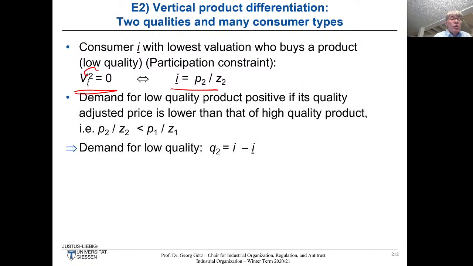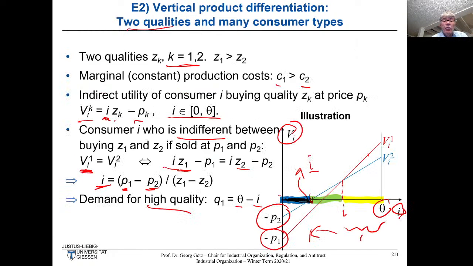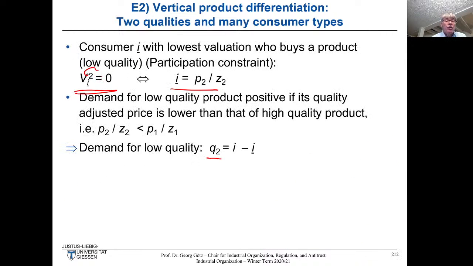Of course, the demand for the low quality would be just I minus I lower bar. Again, going back, this is just our green range here. And this demand is only positive if I lower bar is smaller than I, okay?